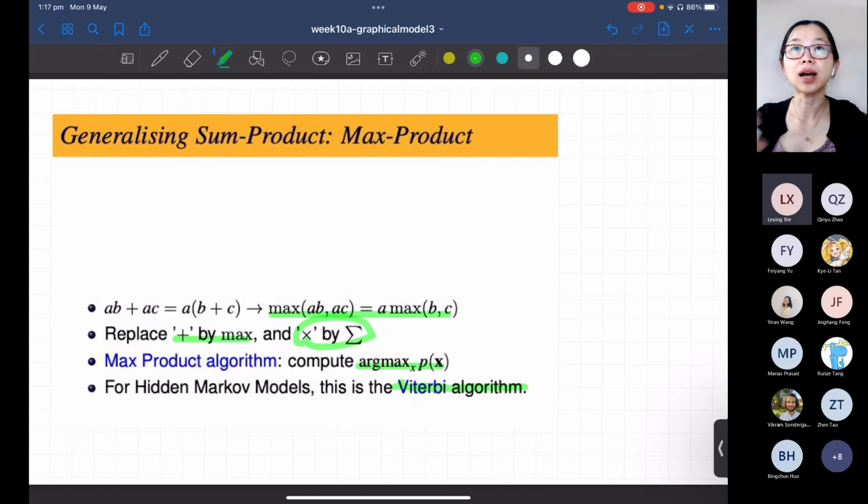There is a chapter on sequential models in chapter 13, where the discrete state version is called hidden Markov models, which is a direct application of this max product or sum product algorithm, which we will not cover this year.